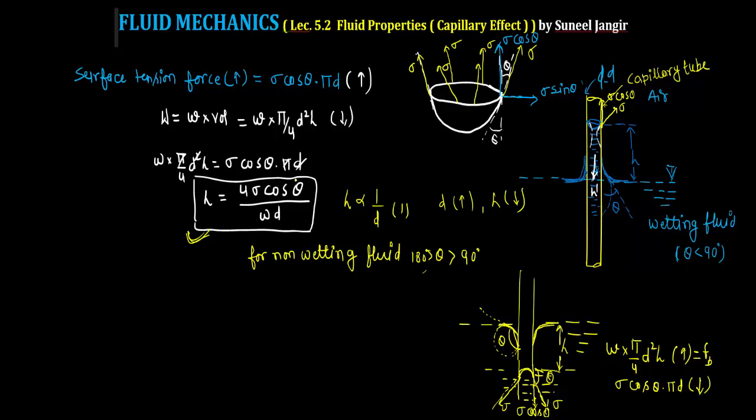When theta is greater than 90 but less than 180, this whole term will be negative, that is h will be negative. That's why there is a fall of liquid.